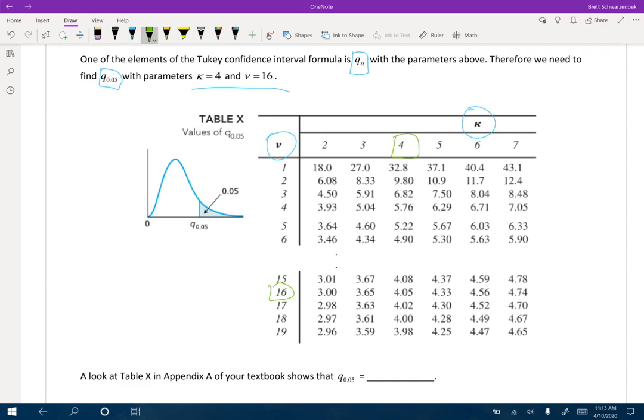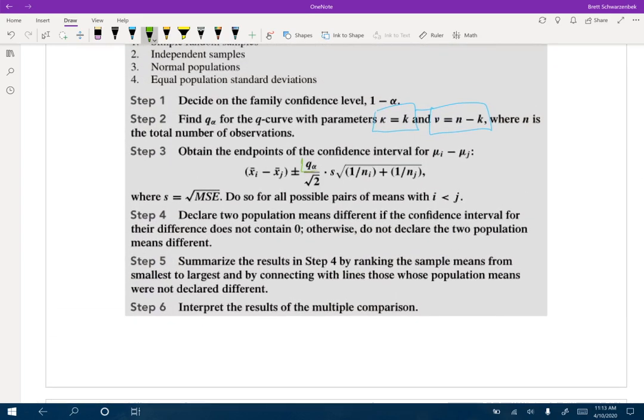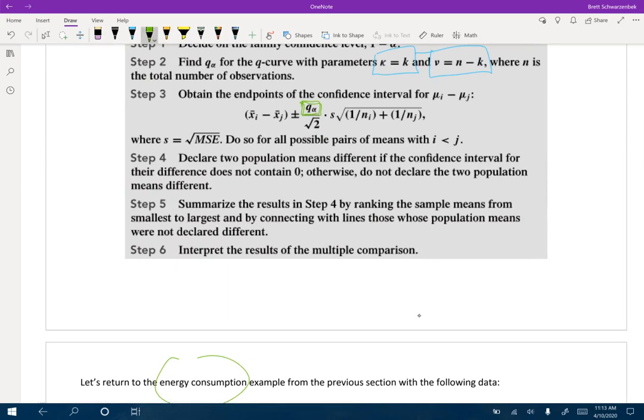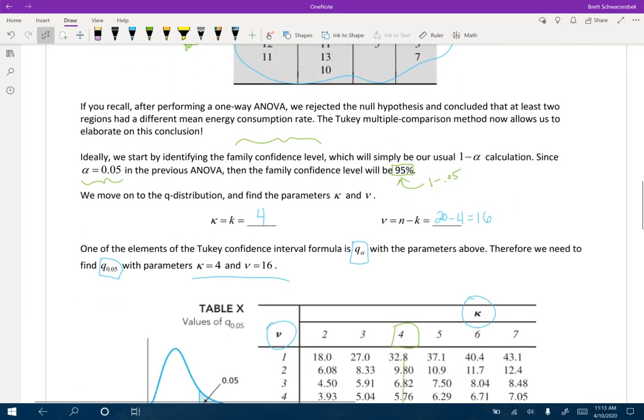If we go down and over, we're going to go to 4.05 for our value of q sub 0.05. Why do we need that? Because if you look back at the formula, we need q sub alpha in the formula. So we're going to have 4.05 divided by root 2 in every single interval problem that we do for the sake of this.